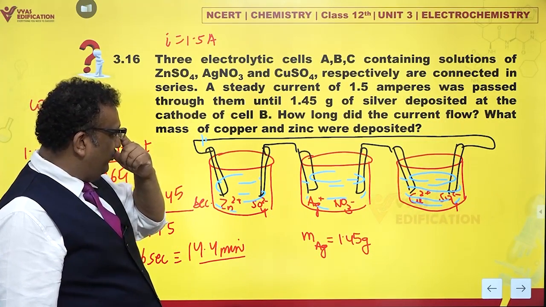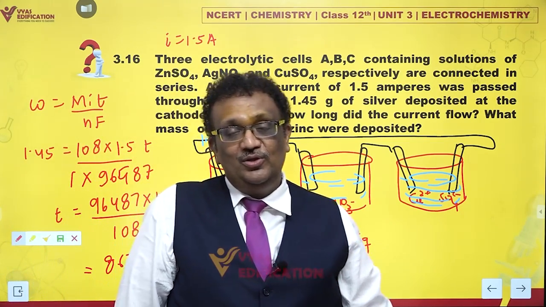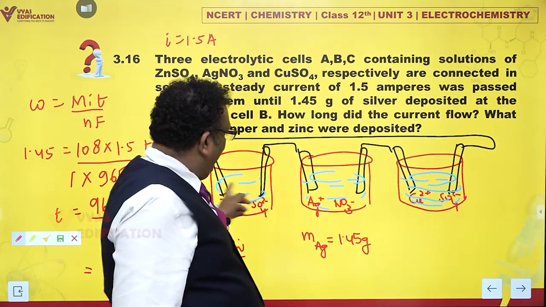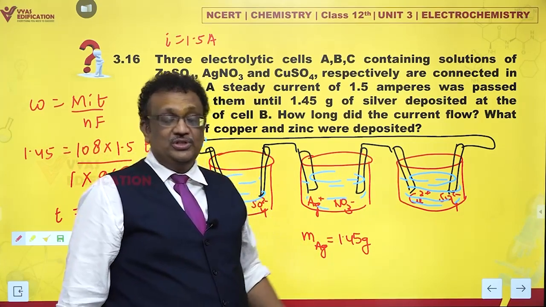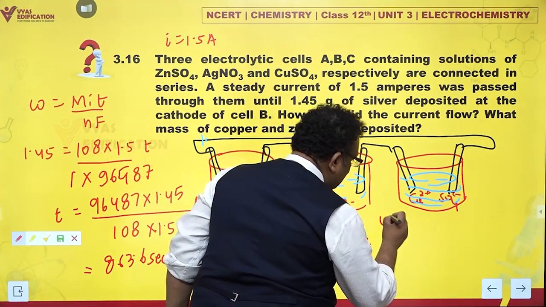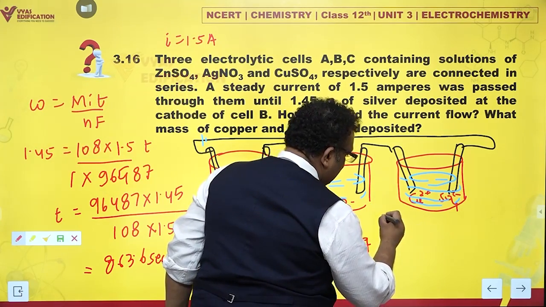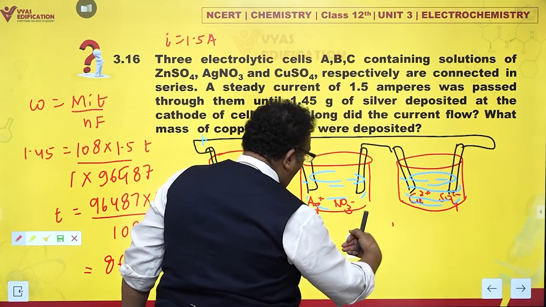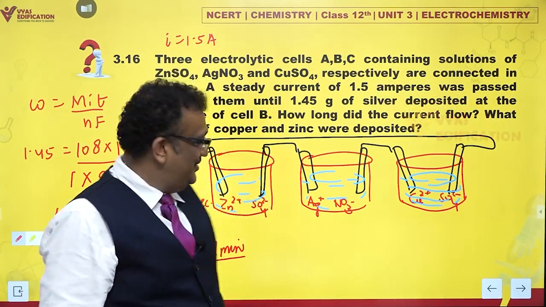What about the masses of copper and zinc deposited? Faraday's second law says that if the same current is passed through different solutions, then the masses of substances liberated or dissolved are in the proportion of their equivalent masses.